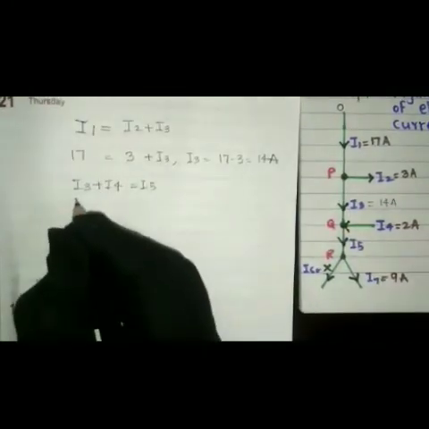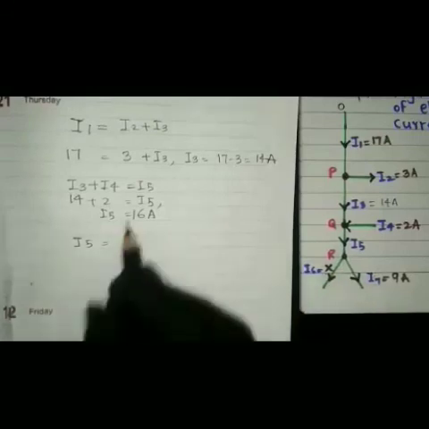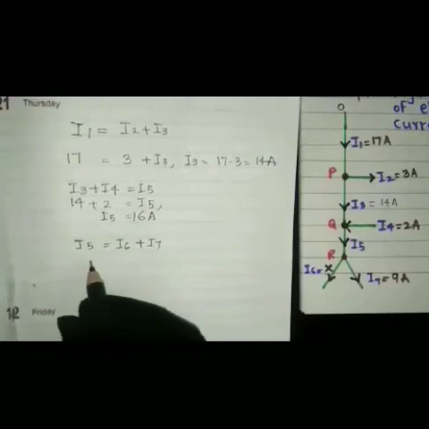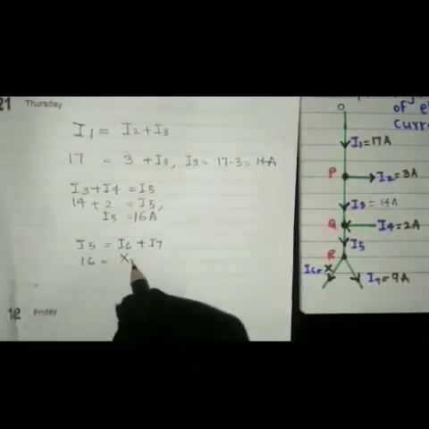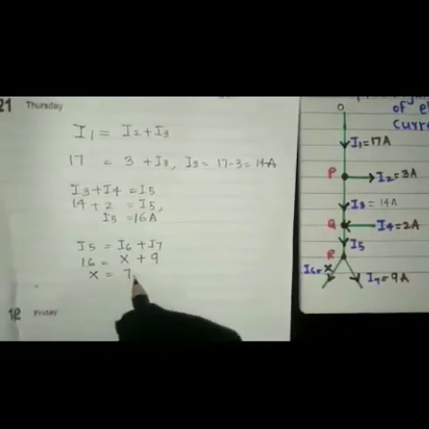So directly you can substitute the values: 14 plus 2 is equal to 16, that is I5 is equal to 16 ampere. Then further I5 is divided into I6 plus I7. So here I5 is 16, I6 is x, plus I7 is given as 9. So finally x is nothing but 7 ampere.